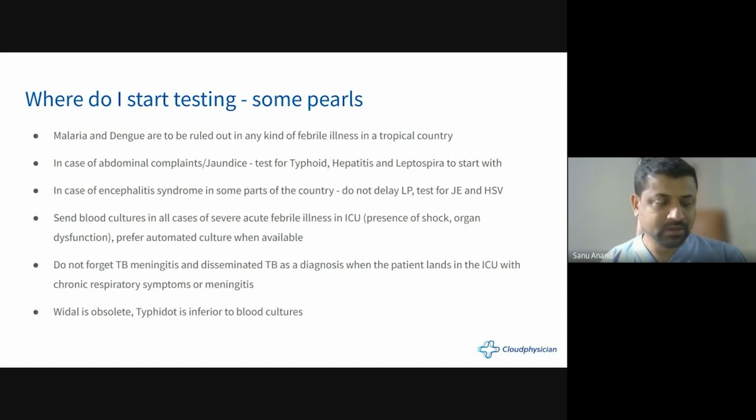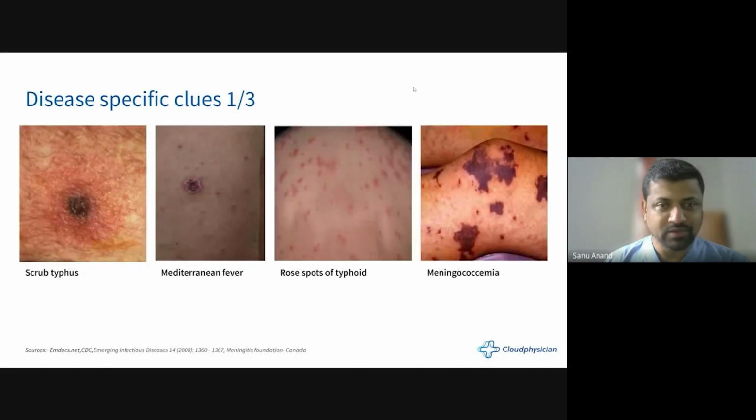There were plenty of false positives and plenty of false negatives, but again, 83% specificity is decent enough because it does return faster than your cultures. So maybe as an initial test, it's an okay test to do. But after that, once the cultures have come back, it's probably not something which we should really consider.